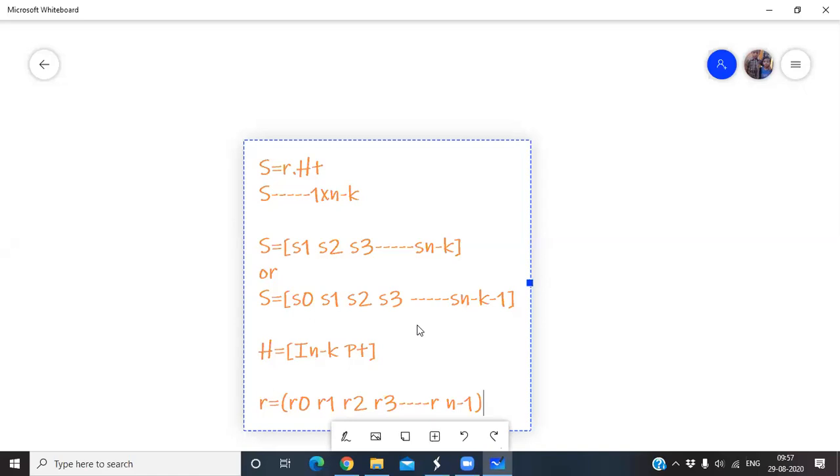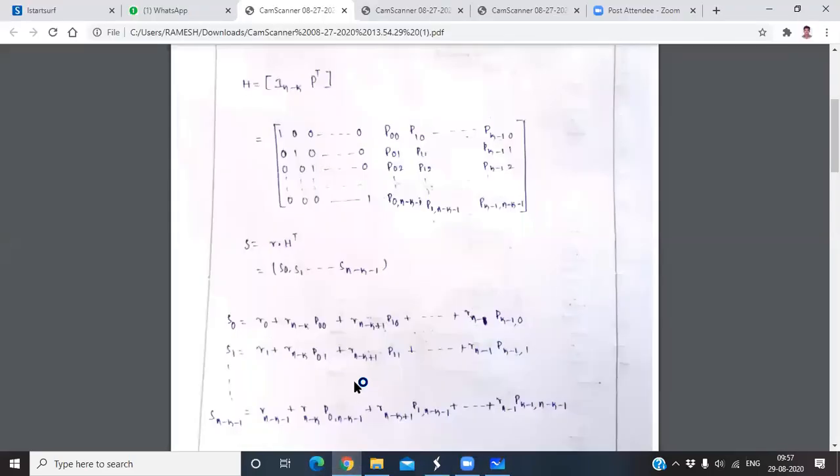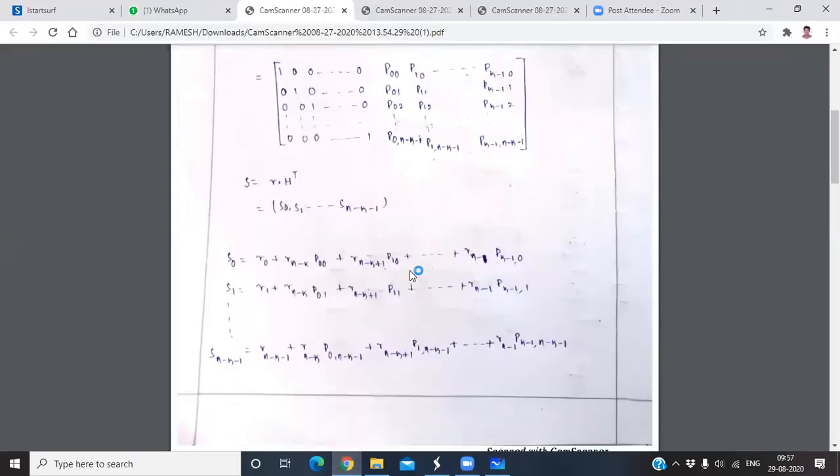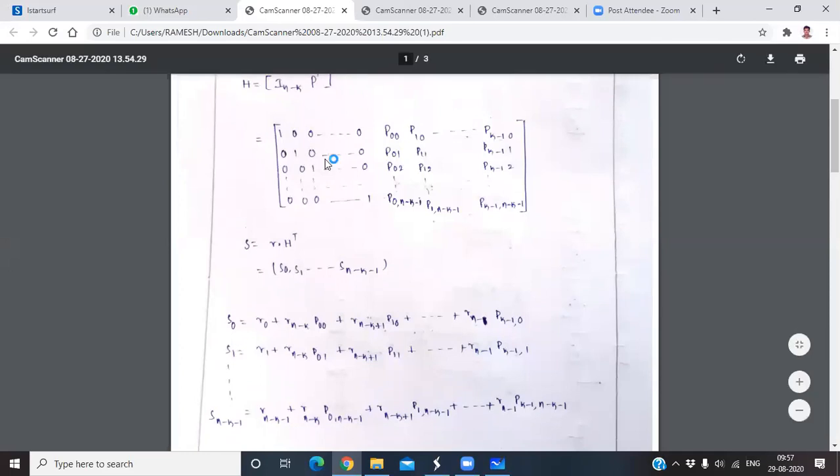See, R equal to R0, R1, R2, R3 up to Rn minus 1. Now I want to multiply these two, that is H transpose and R. Once again, R is nothing but R0, R1, R2, R3 up to Rn minus 1.